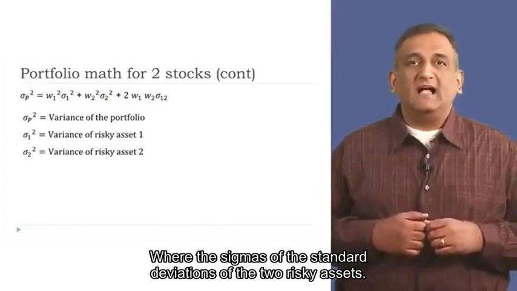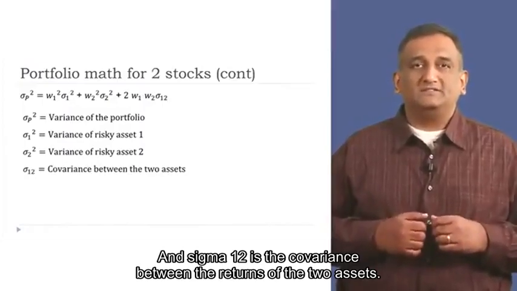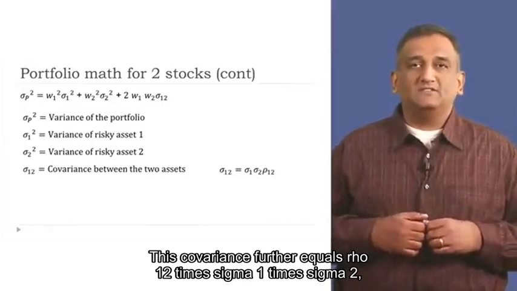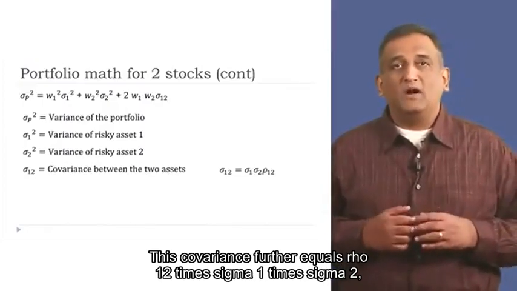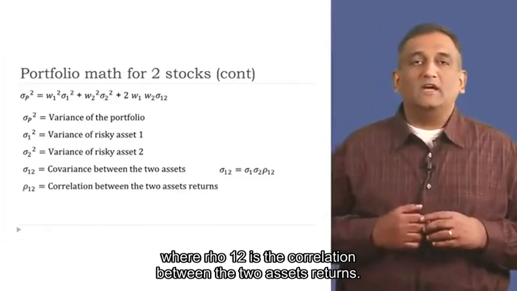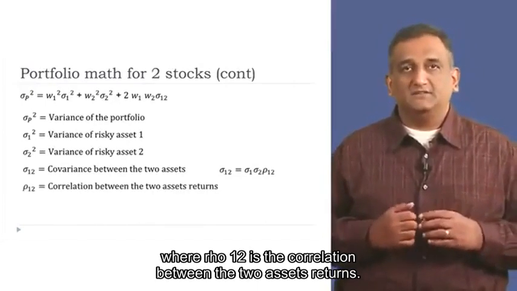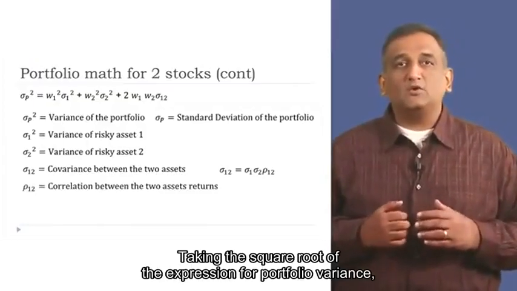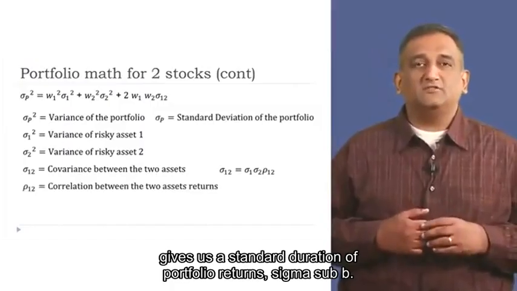Rearranging, we get ER sub p equals R sub f plus W times ER minus R sub f. Substituting for W in this equation, we now have ER sub p equals R sub f plus ER minus R sub f over sigma times sigma sub p.